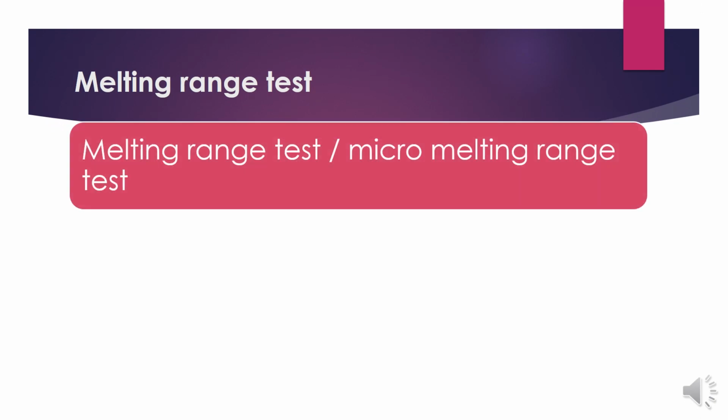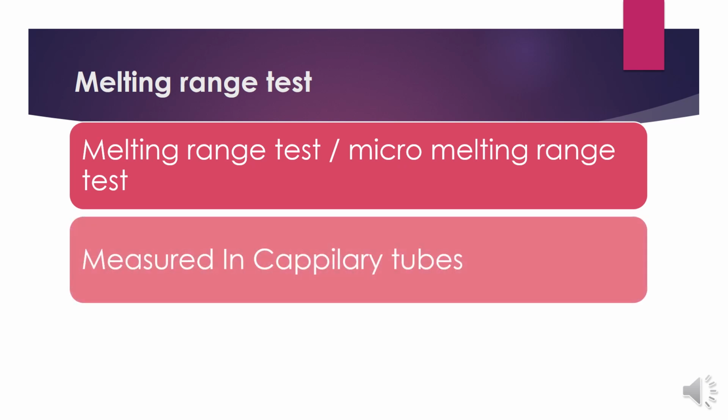Another test is the micro melting range test. That is measured in capillary tubes, as melting point is usually checked in a capillary tube. Similarly, we check the melting range, as they don't have sharp melting points, in capillary tubes rather than in a disintegration apparatus or any other apparatus.